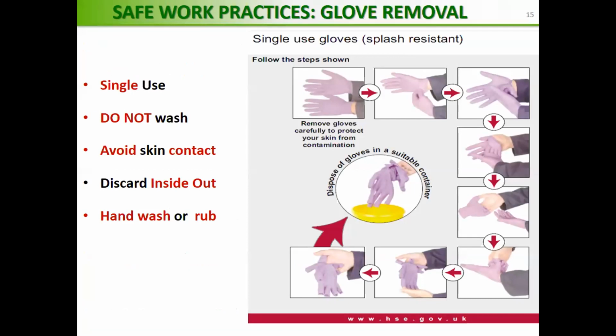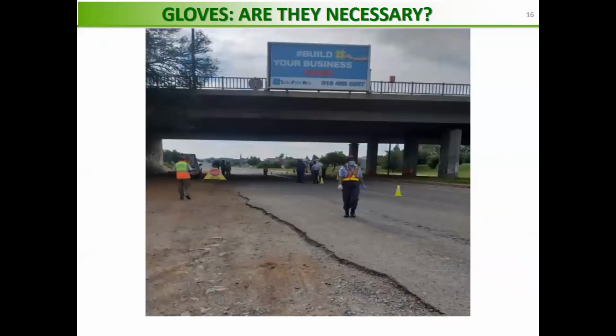But my colleague Taban is going to do the demonstration on how to don and doff gloves. As well as, when we look at this picture, it's a police officer wearing gloves. Based on the current activity that they are doing, the question is, is it necessary for them to put on gloves?